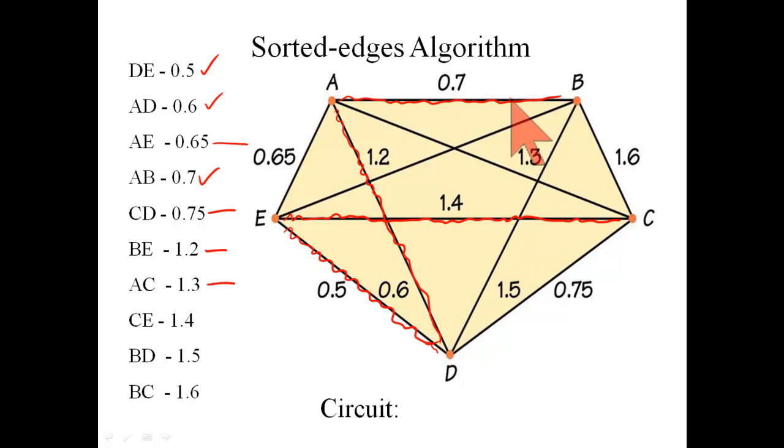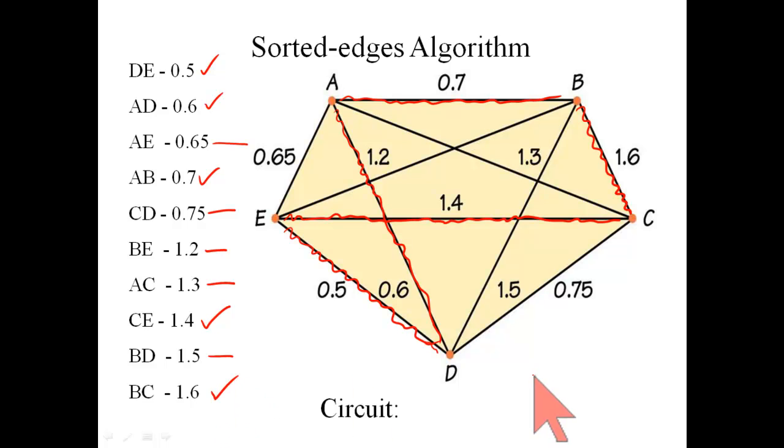Instead, it throws in edges kind of at random around various places around the graph, and then supposedly they hook together at the end. Are we done? I don't think so. We don't have a circuit yet. Here, we're just stopping at vertex C. BD? No. Vertex D already has 2 edges coming into it. How about BC? That would be here, and yes, I think so. We can put that one in.